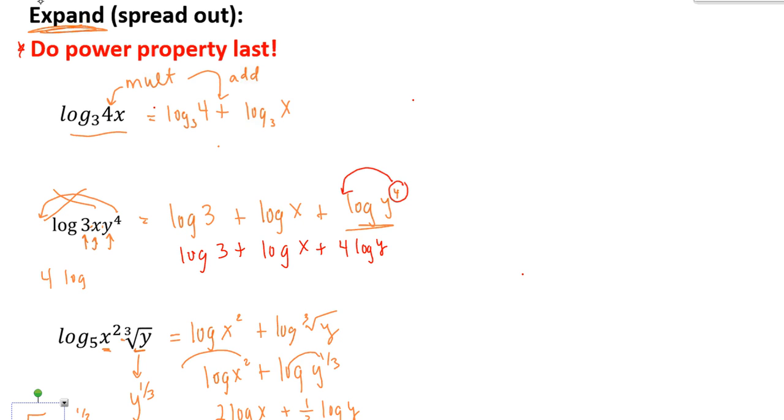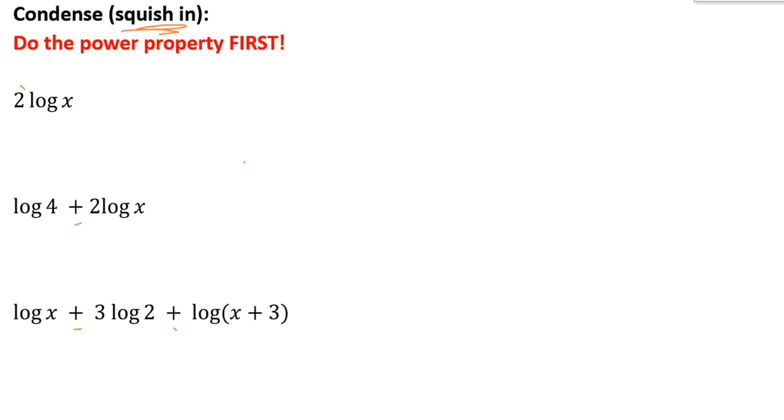Well, that reverses here. If you have a number out in front, that moves to be a power. So this equals log of x squared, log base 10, because there's no number written. So anytime there's a number out in front, you're going to move that to be a power. Right? Log base 4 plus log of x squared.